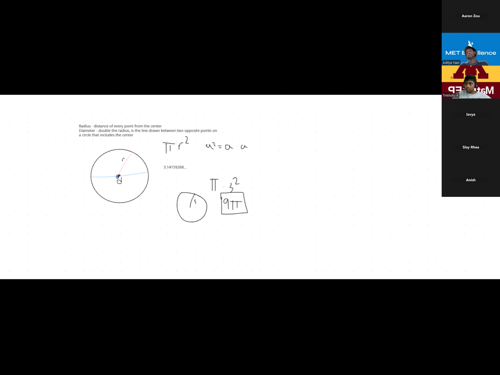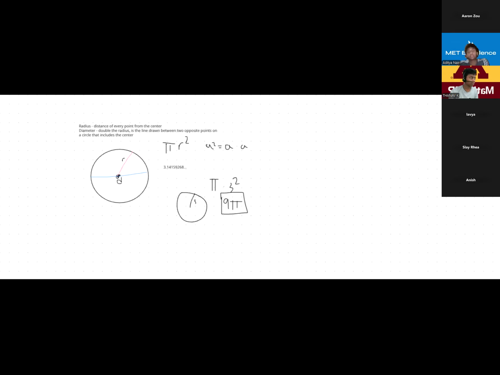And so then, going back to this example, if our radius is 3, what would our circumference be? You put it in the chat. Okay, 6 pi, 9 pi. All right, I'm seeing some 6 pi's and 9 pi's.